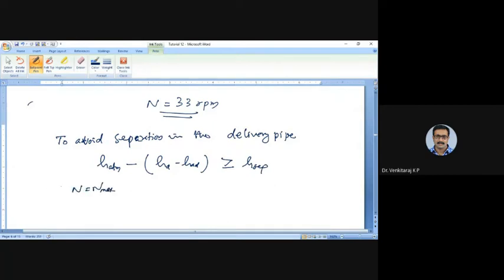So when we consider the limiting case, H_ATM minus H_D minus H_AD equals H_separation.